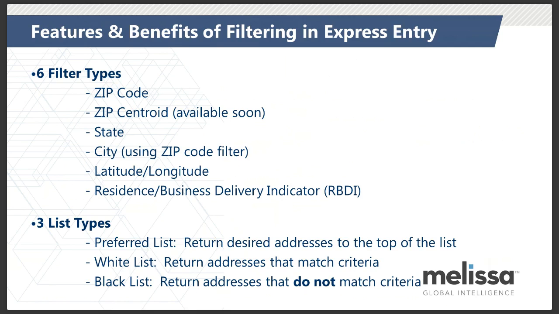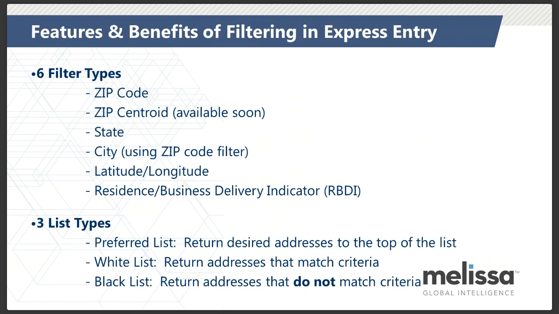City uses the zip code filter to filter out the zip codes that comprise the city. That's how you can filter out responses by city. Latitude and longitude restrict the output to within a certain distance from a point. And RBDI, return only residence, business, or unknown addresses.